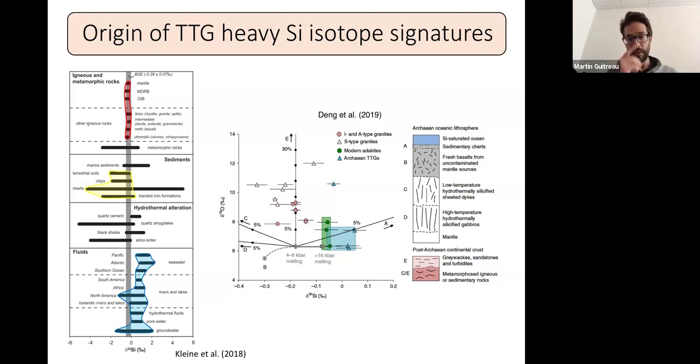But if you look at how it evolved, if we assume that all the data are correct, you see first an increase and then a decrease of the silicon isotope composition in the oceans. It's hard to understand why, if you really look at crustal growth models, it doesn't really make sense because it doesn't complement the extraction of continental crust.